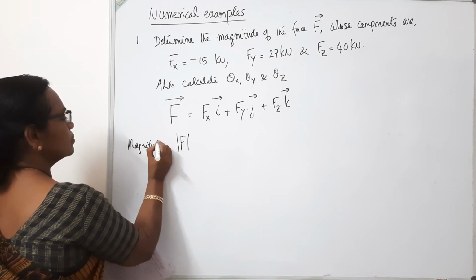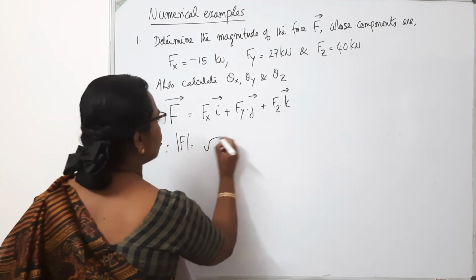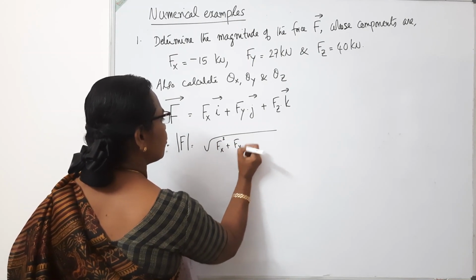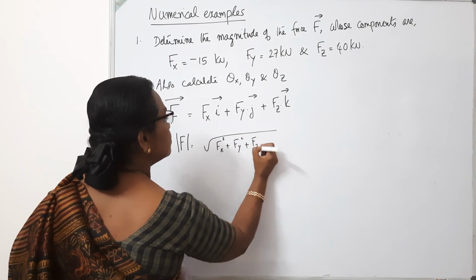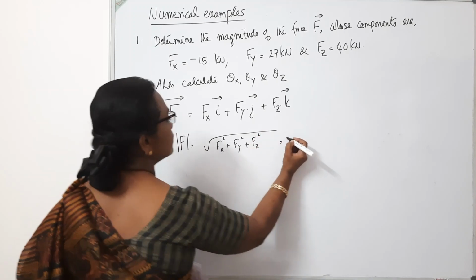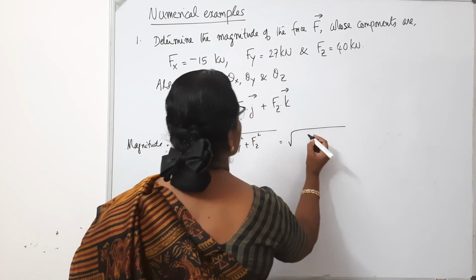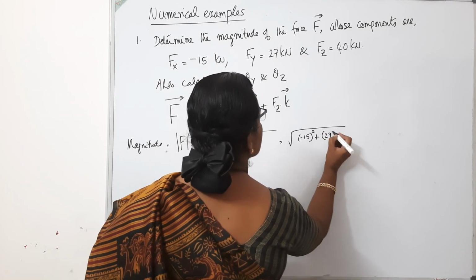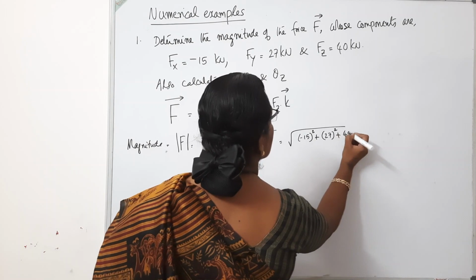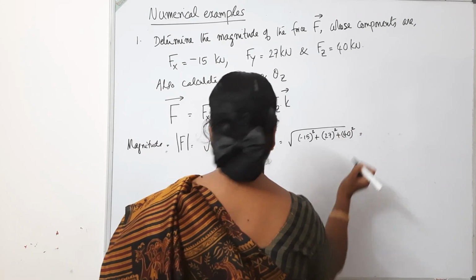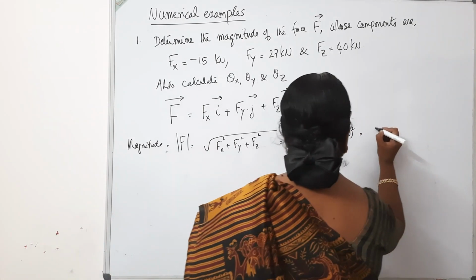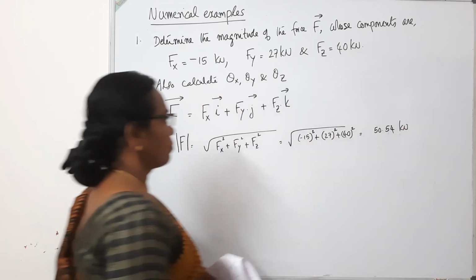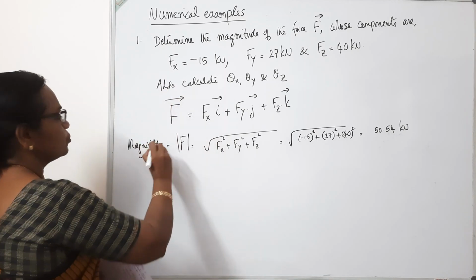The magnitude is the square root of Fx square plus Fy square plus Fz square, that is, minus 15 square plus 27 square plus 40 square. It will work out to 50.54 kilonewton. So you have got the first answer, the magnitude of the force.